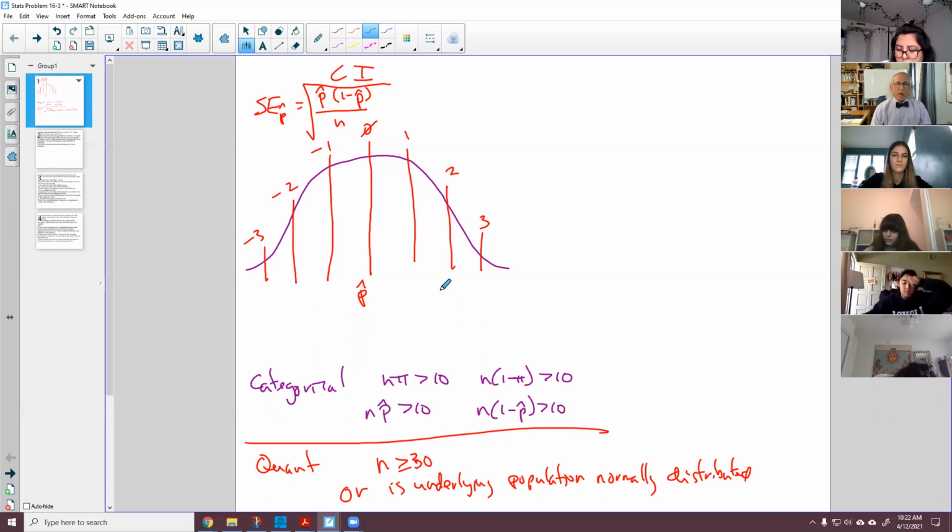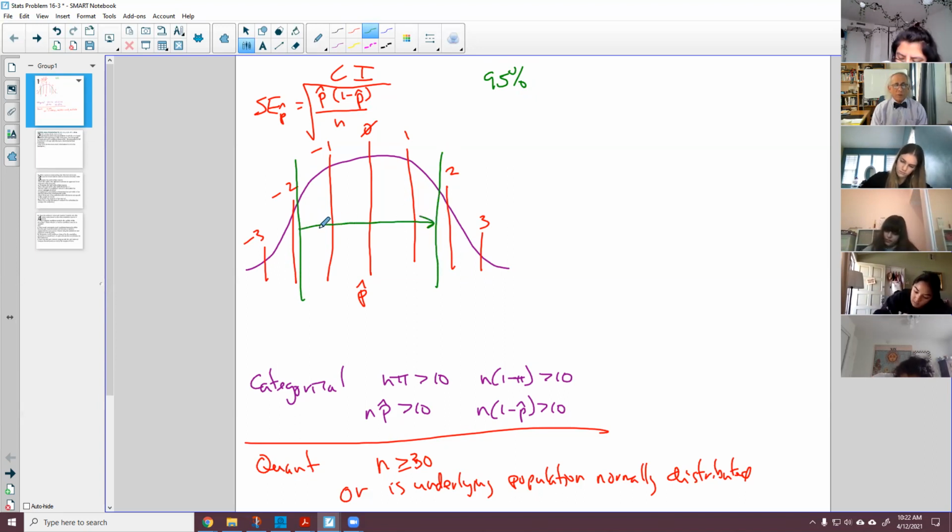Then what I'm finding with a confidence interval depends upon what percent confidence I want. Let's say I want a 95% confidence interval. Then 95% is going to be right in here. I'm going to find the z-scores for a 95% confidence interval, which are called the critical values.